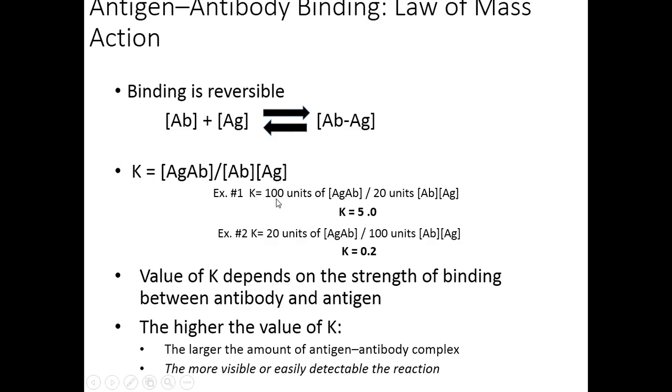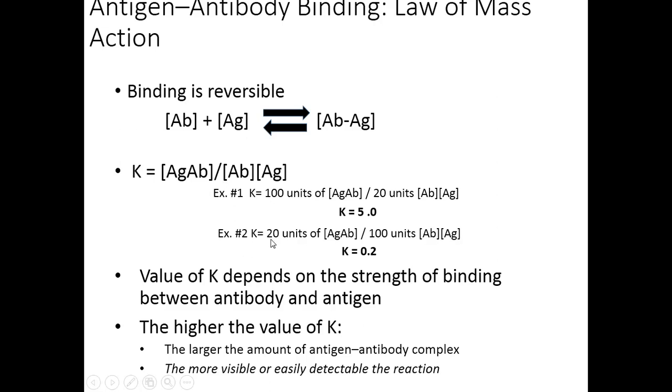So if we assume that we have 100 units of bound antigen-antibody complex and only 20 units of free reactants, we end up with a K of 5, a constant of 5. So we're saying there's 5 times more complexed than free, right? You're still with me.